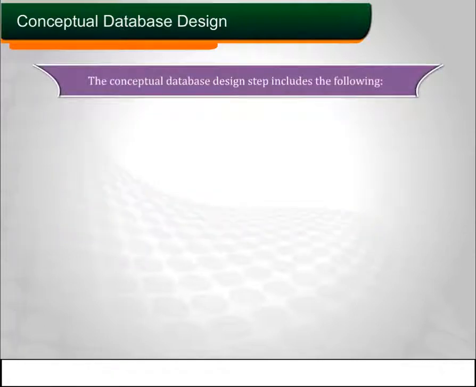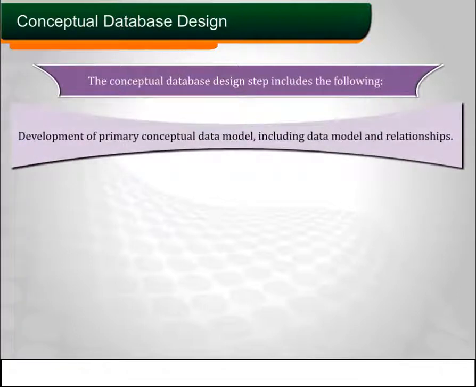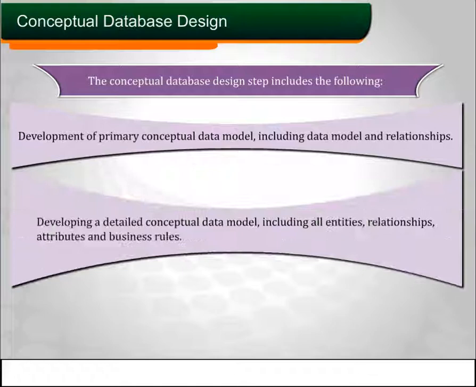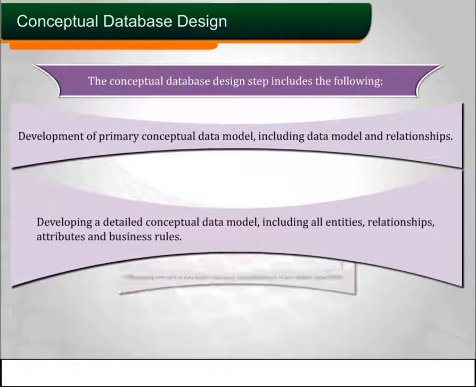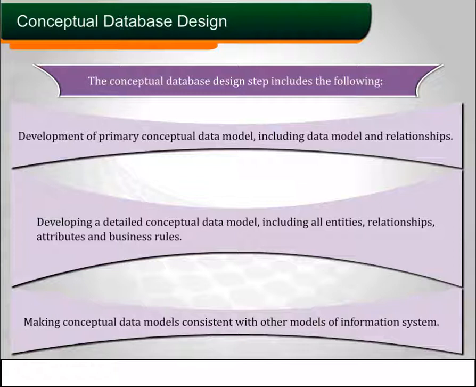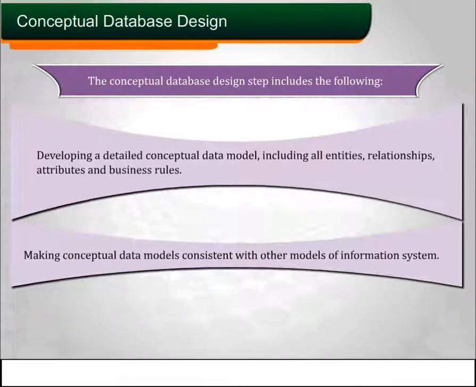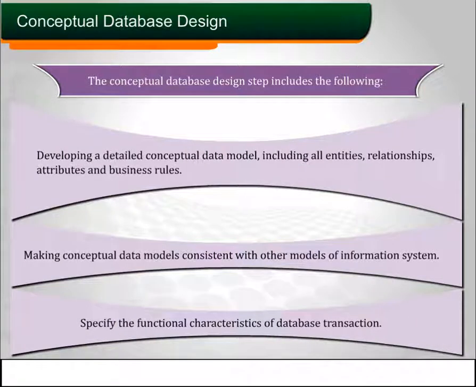The conceptual database design step includes the following: development of primary conceptual data model, including data models and relationships. Developing a detailed conceptual data model, including all entities, relationships, attributes, and business rules. Making conceptual data models consistent with other models of information system. Specify the functional characteristics of database transaction.